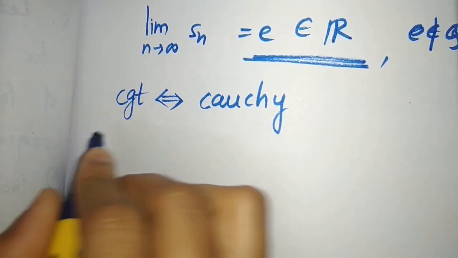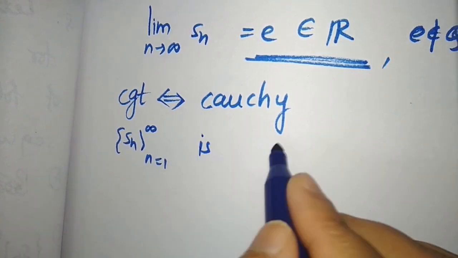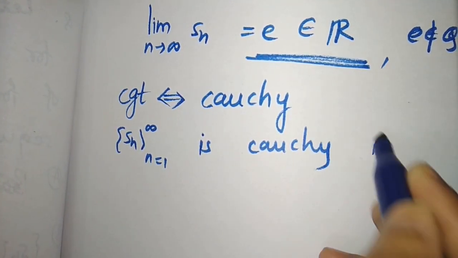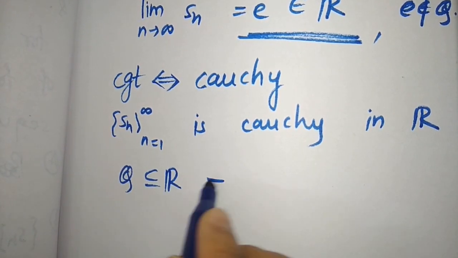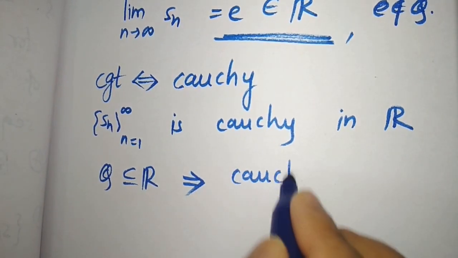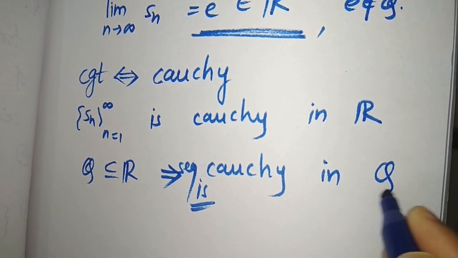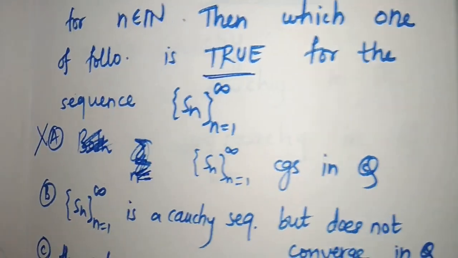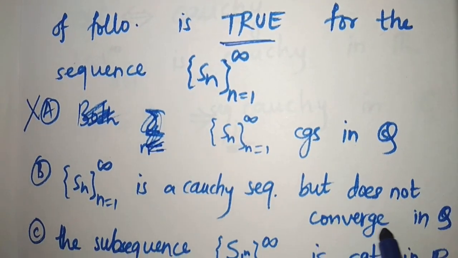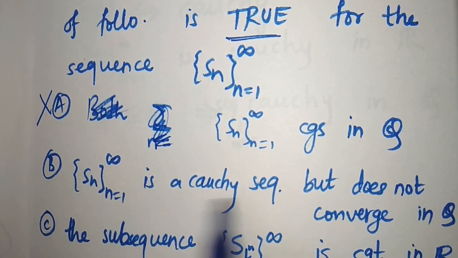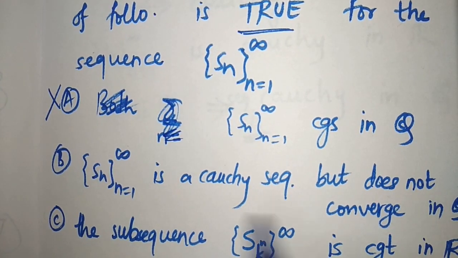So this sequence Sn is convergent and hence it is a Cauchy sequence in R. And now note that Q is a subset of R, so the sequence is also Cauchy in Q. So the second option says that Sn is a Cauchy sequence but it does not converge in Q. As we have said, this is a Cauchy sequence and also it does not converge in Q, so this is correct.